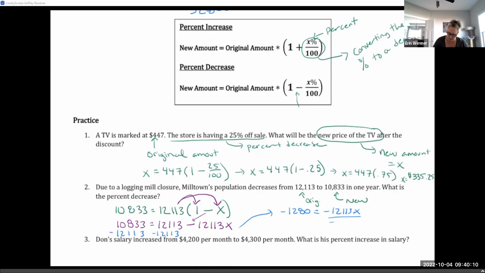Our last step is going to be to divide by negative 12,113. And we get 0.10567, and it just keeps going on, right? It's a big long decimal, which is why I didn't divide by the 12,113 from the very beginning.